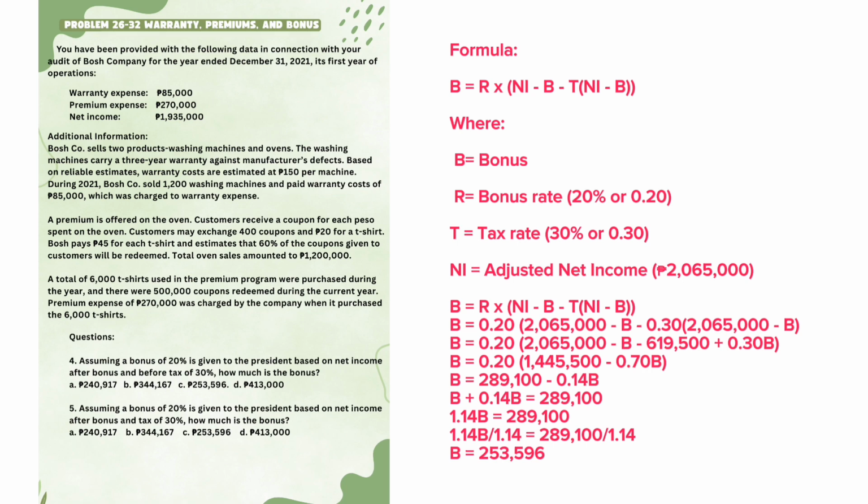And then, B equals 289,100 divided by 1.14. We divide both sides by 1.14 to get B. So B equals 253,596. This is the bonus for the president, which corresponds to option letter C in the given choices.